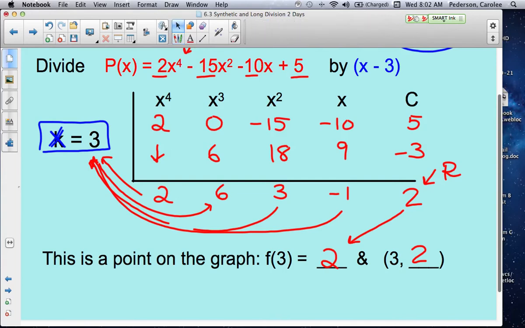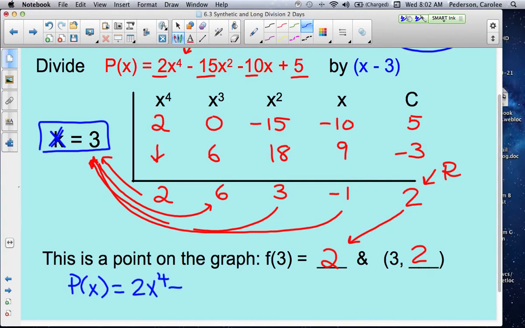Now let's just check it and see. Let's evaluate the original polynomial. The original polynomial is p of x, which equals 2x to the 4th minus 15x squared minus 10x plus 5. And we want to evaluate for f of 3.